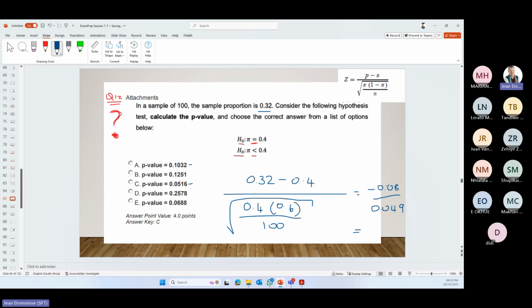And then if I say that divided by that one, I get minus 1.63. I'm just going to check that again. 0.08 divided by 0.049, minus 1.63.